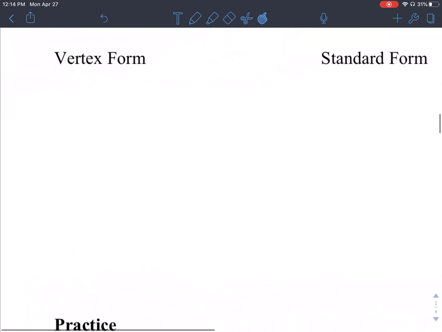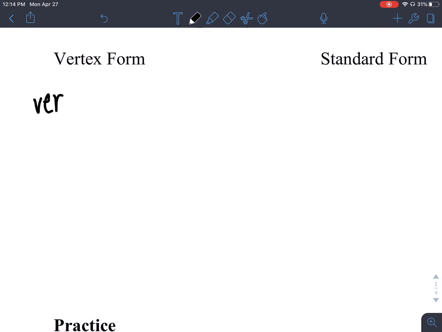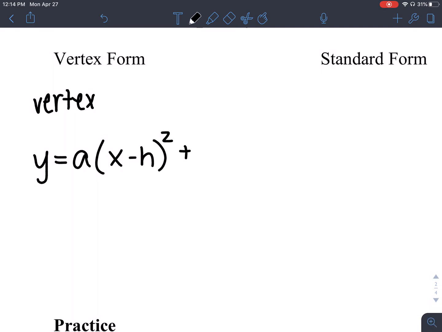So mathematicians call vertex form for a reason. It's because we can easily tell the vertex. And vertex, which actually ties really nicely to our review of transformations. Vertex form looks like this: y equals a times the quantity x minus h squared plus k.